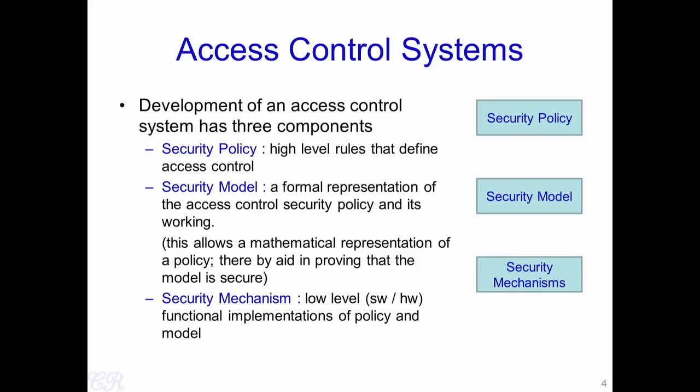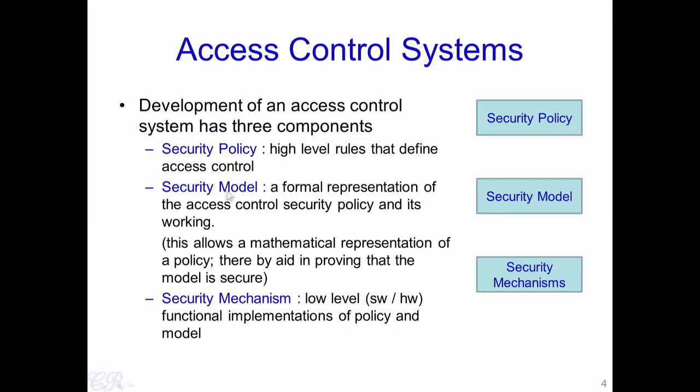In order to develop an access control system, there are three components: security policies, security model, and security mechanism. Security policies are high level rules that define the access control. A security model is a formal representation of the access control security policy and its working.